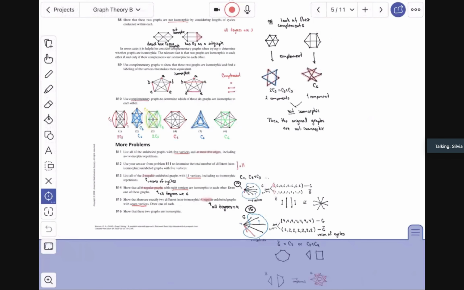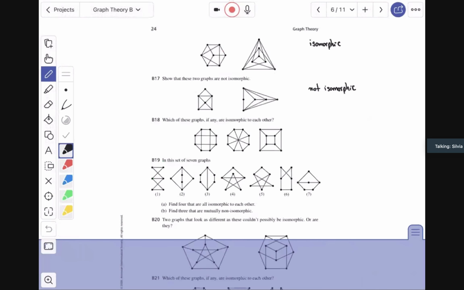So here, the ones that are C6 are isomorphic, so graphs 2 and 5, and the others are isomorphic. 1 and 3 are isomorphic. All the others are isomorphic. That's 2 classes. So you want to do the same here, and the same here. You want to classify them.